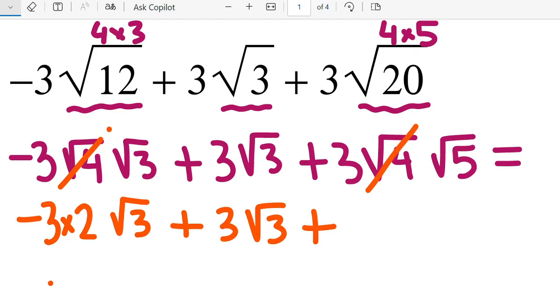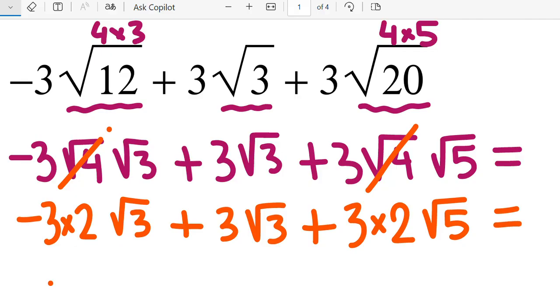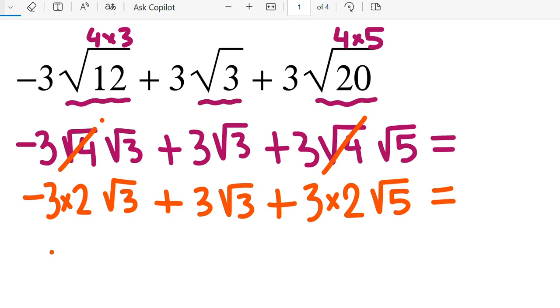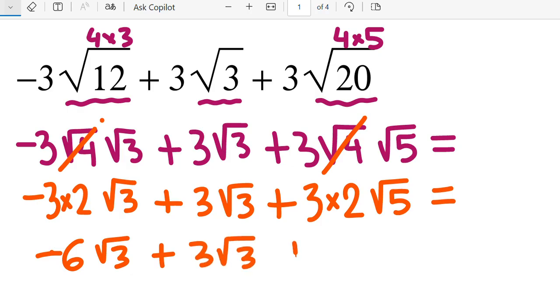Plus, we know that square root of 4 is 2. 3 times 2, radical 5 remains the same. Okay, we are almost there. What do we have now? Negative 3 multiplied by 2, negative 6 radical 3, positive 3 radical 3, and positive 6, but this one is radical 5.